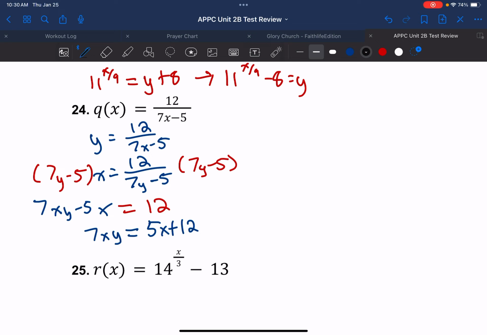So now to get y by itself, I can divide by 7x. That cancels out, and I've got y equals 5x plus 12 over 7x.